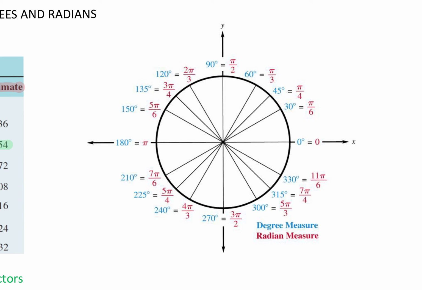We start out at 0 degrees, which is 0 radians, and the circle has degree measures and radian measures, no approximation. These are exact values. As we go around, we hit 30 degrees, which is pi over 6, 45 degrees pi over 4, 60 degrees pi over 3, and so on.